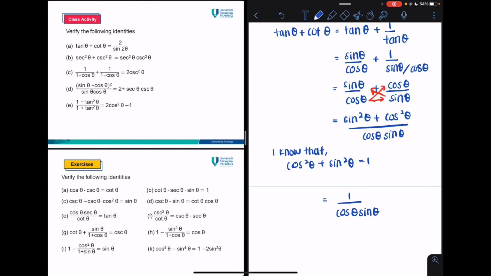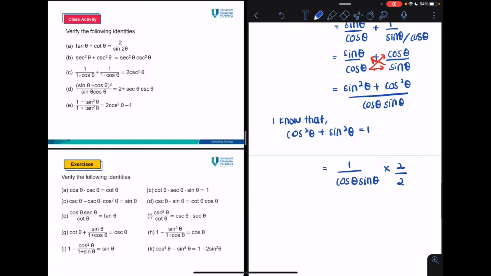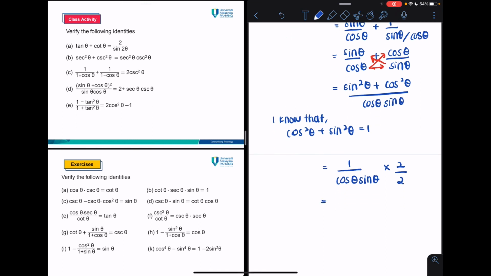And then if you look carefully at the right hand side, there is a 2 in the numerator. So what should I do? I have to introduce 2, and at the same time I don't intend to change the question. So I will get 2 over 2. So from here I will get 2 over 2 cosine theta sine theta.